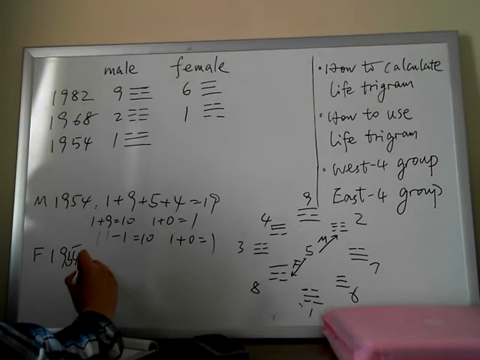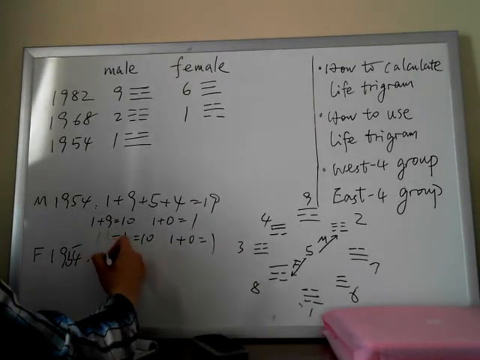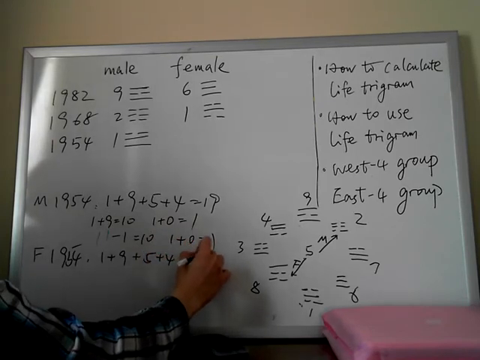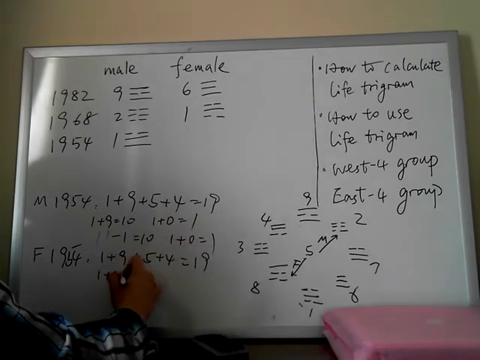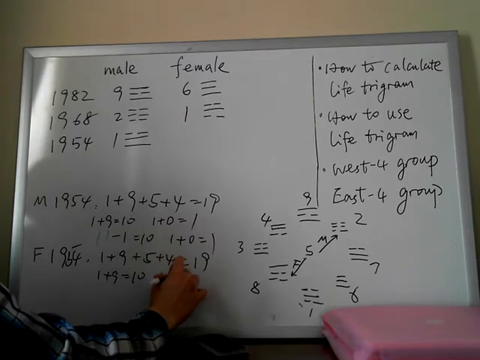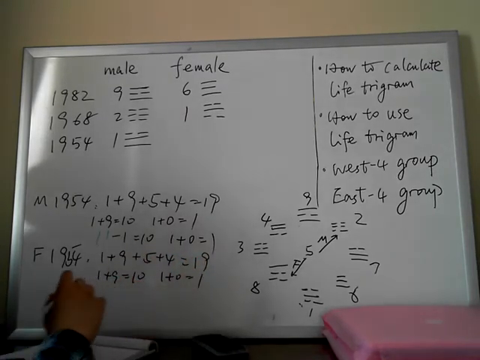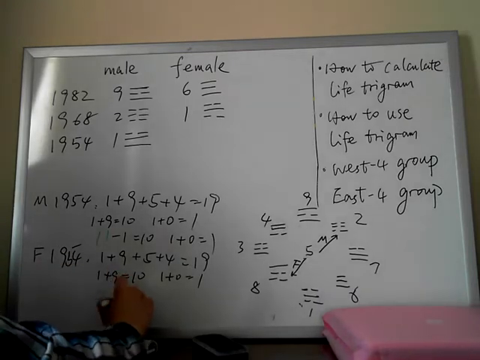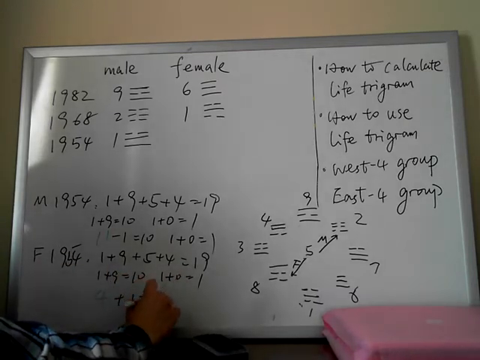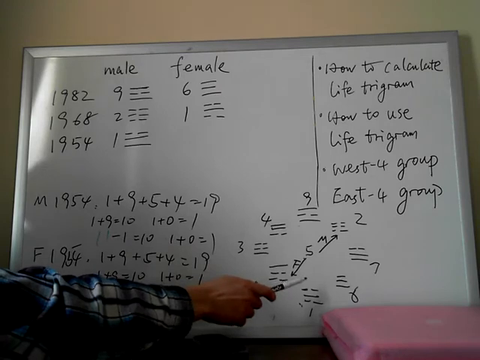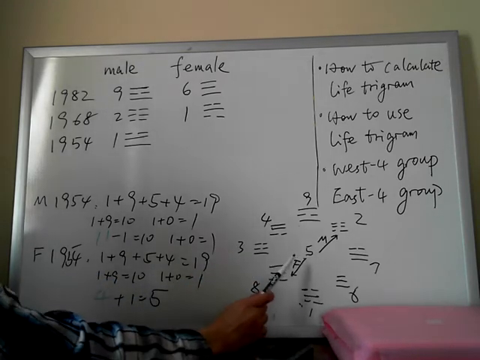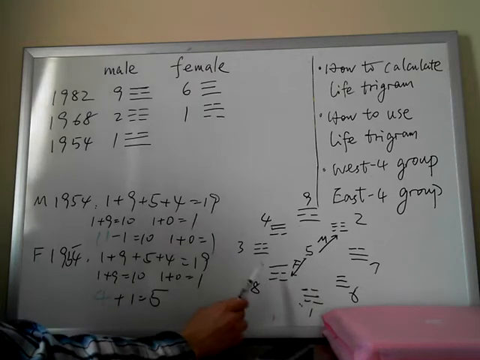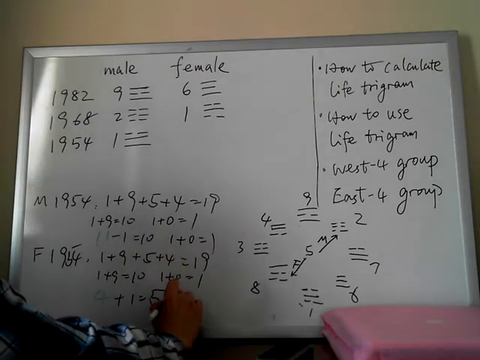Okay, for a female, 1 plus 9 plus 5 plus 4, the same here. 1 plus 9 is 10, single digit is 1. Then you add 4 to the result. 1 here, you get 5. As I just mentioned, if you got 5 for a female, it will use 8 instead of 5.